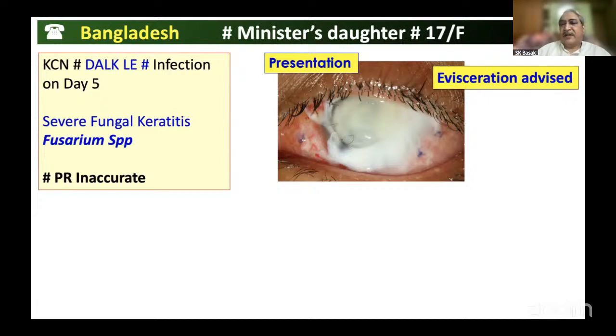It was Fusarium. After that, button analysis was done. PR at that time was inaccurate. She was only 17, so evisceration was advised, and from Bangladesh they called me, asking me to please do something. So I said, let's see, one chance of therapeutic PK in this case.